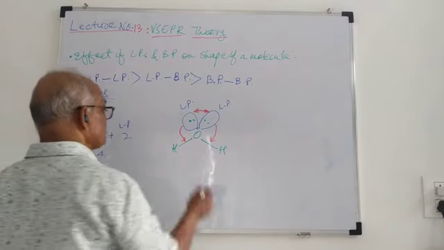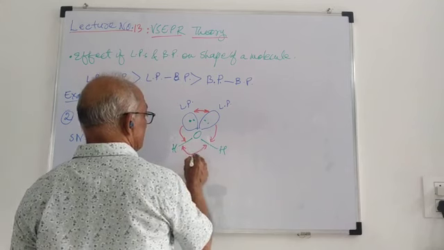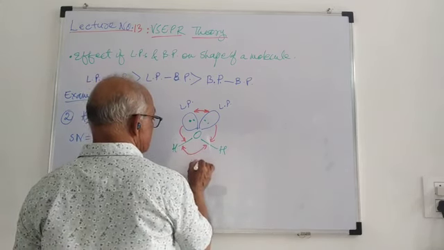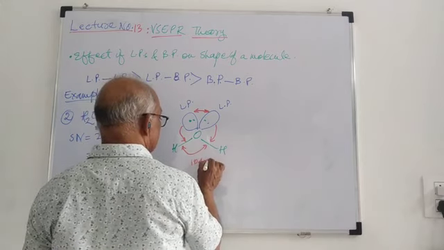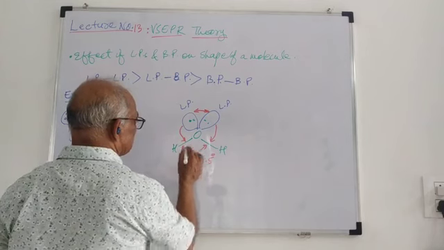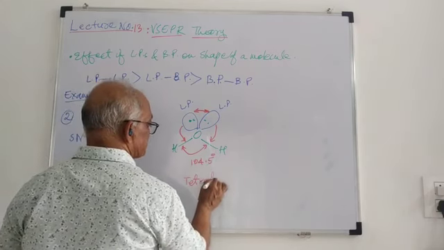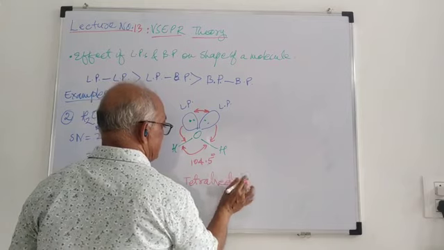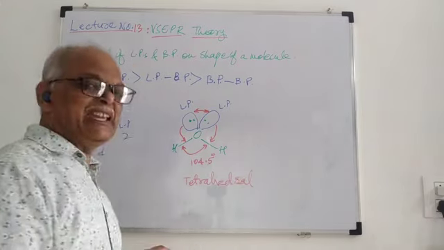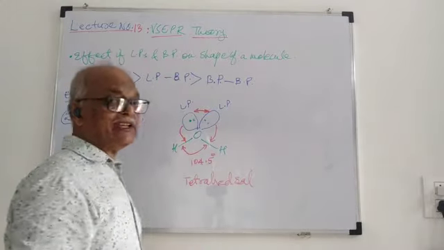As a result, the 2 bond pairs are coming closer, and this gives a bond angle of 104.5 degrees. So the structure is tetrahedral, and we say the shape is angular, like this HOH, that is angular shape.